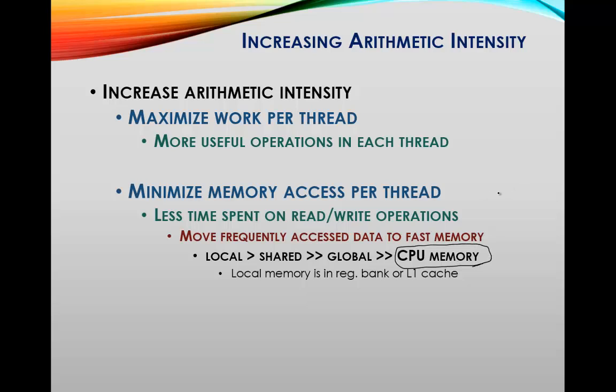For example, if you do int pointer something, this int pointer something is what is allocated with the new keyword on host. That is a very, very slow memory. Also, another problem with host memory is that most of the time your CUDA kernels will not have access to host memory. So host memory is very, very slow and we can't work on it.